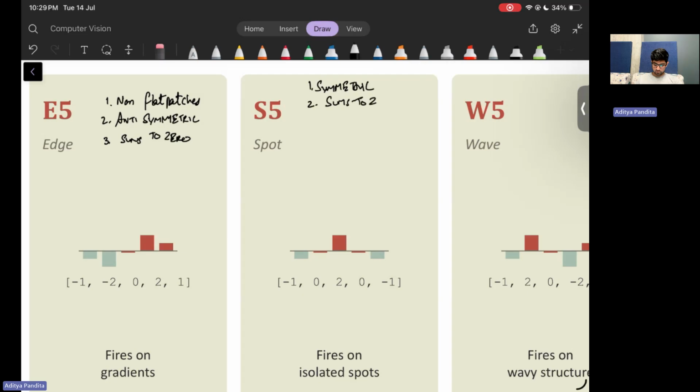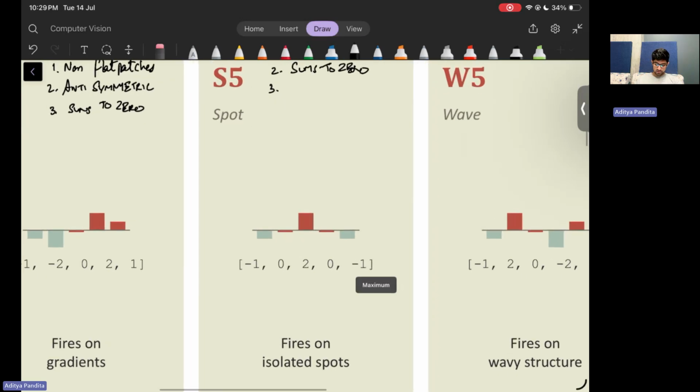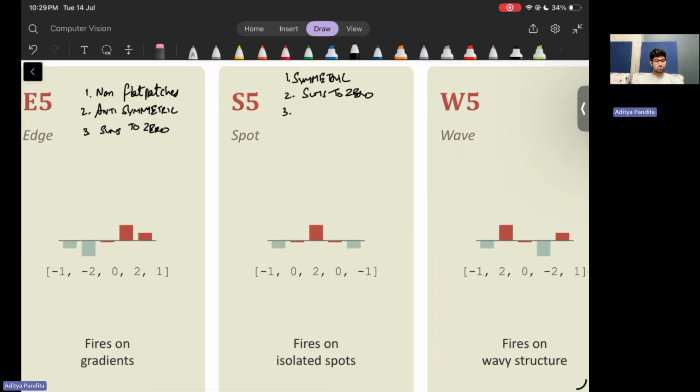As it is used for spot detection, it does not respond well to edges or directions. It is direction blind and responds to blobs and not to edge orientations.